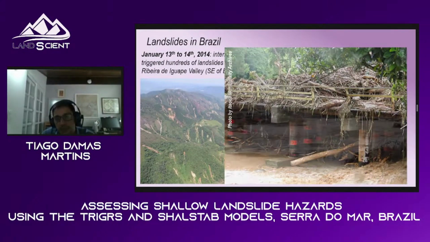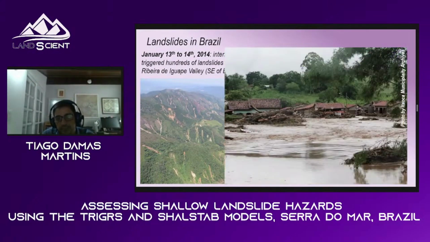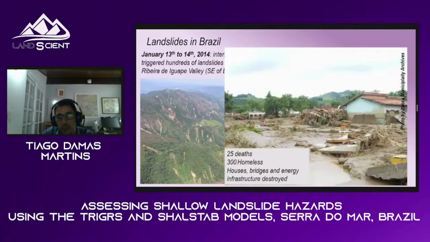This bridge that is in the central part of the city held all this wood material, and the river started to overflow its banks and reach the town. And also during the process, the wood that was carried along the river started destroying the houses. 25 people were killed, and at least 300 people were made homeless during this episode.